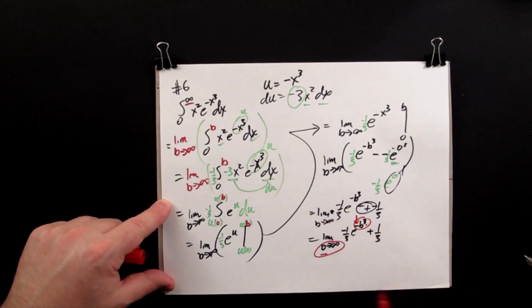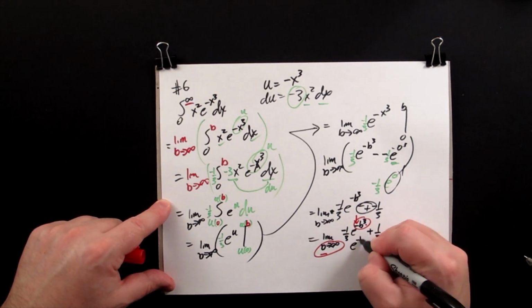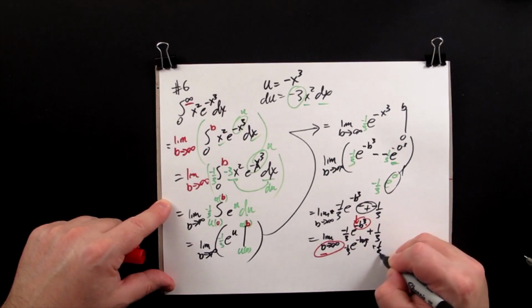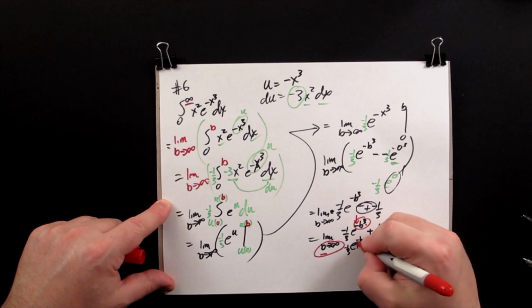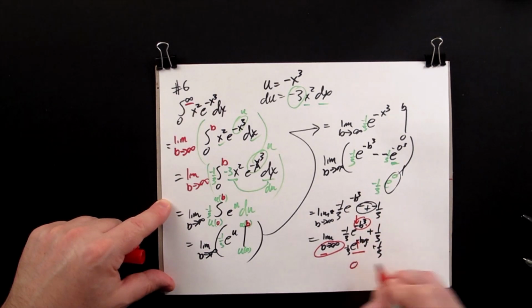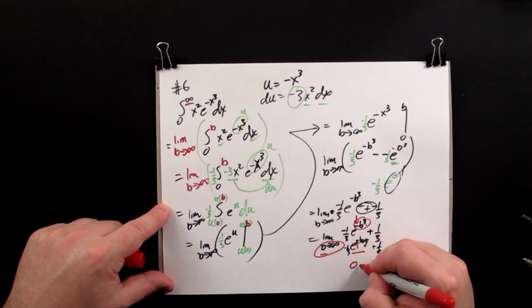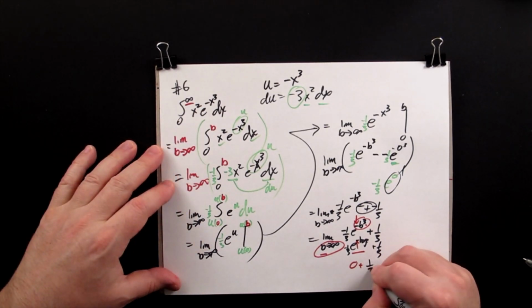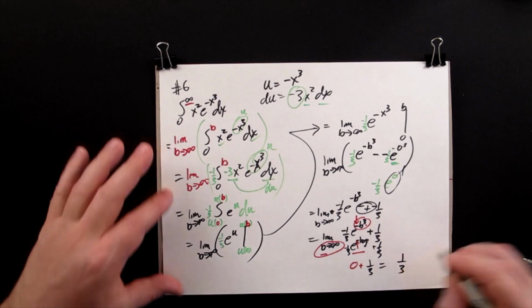So this is going to be e to the negative huge, with a constant in front of it, plus a third. Because it's negative, this term is going to be 0. So we have 0 plus 1/3, and so the overall result is 1/3.